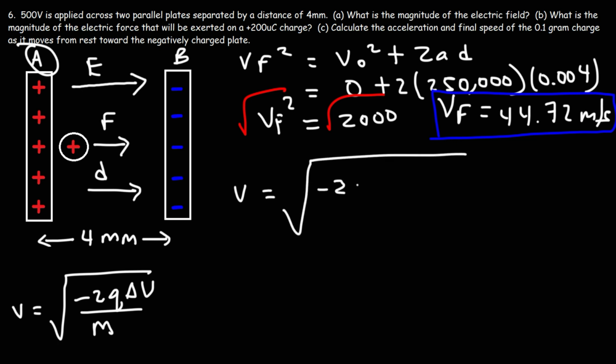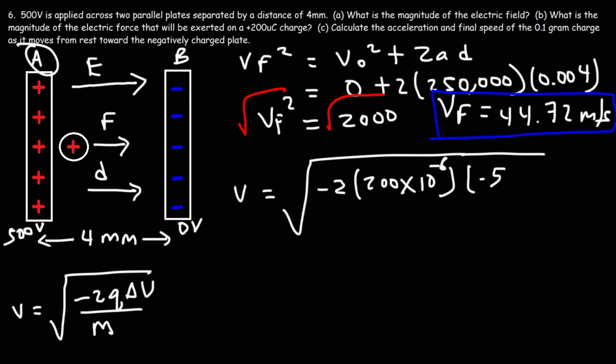So it's negative 2. We have a positive charge of 200 times 10 to the negative 6. Now remember, as we move from point A to point B, we're going from a high potential to a low potential. So from 500 to 0, the potential is decreasing. So the change of potential is negative 500 volts. So this negative sign is going to counteract this other negative sign.